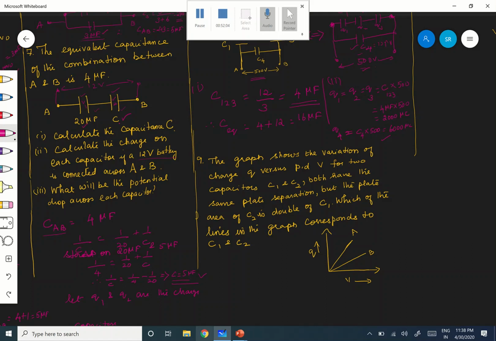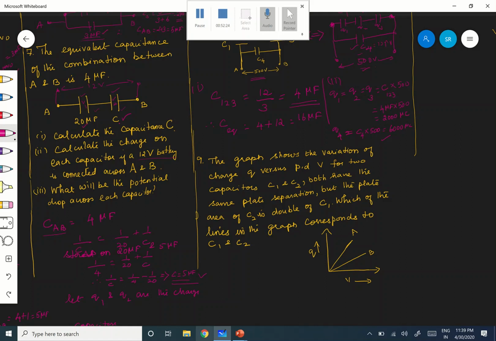Both have the same plate separation D. But the plate area A of C2 is double that of C1. Which of the lines in the graph corresponds to C1 and C2?